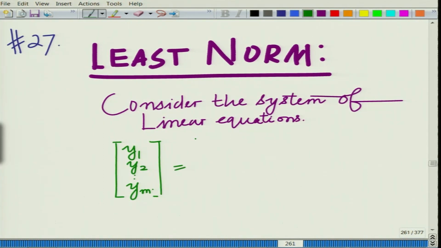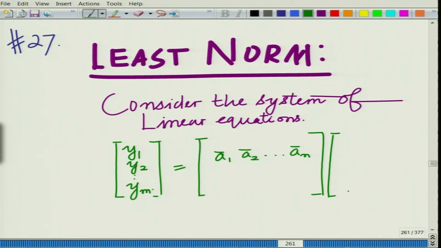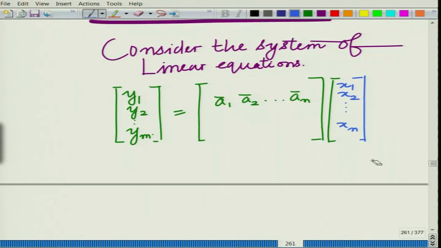This is equal to, once again, the matrix A comprising of the columns A1 bar, A2 bar, and so on up to An bar, times the vector x bar, which is x1, x2 up to xn. This is the system of linear equations.